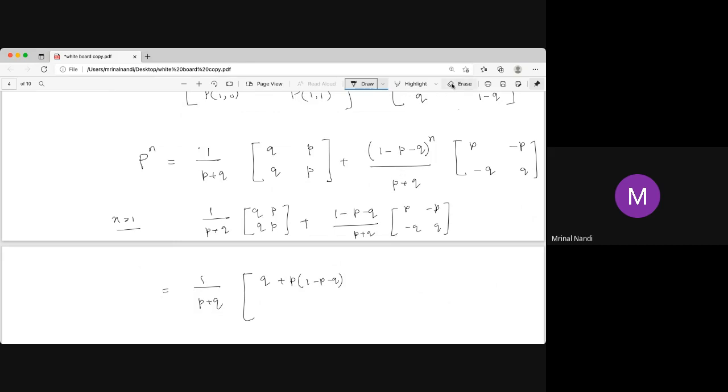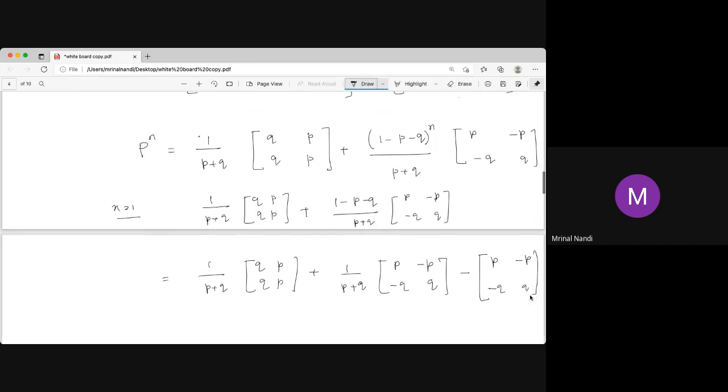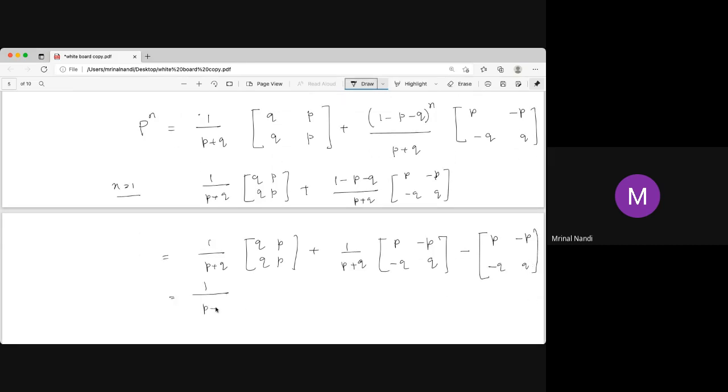No, don't do this. We can do a much easier way. Do it like that: 1/(p+q) [[q, p],[q, p]] plus (1/(p+q) - 1) times [[p, -p],[-q, q]].